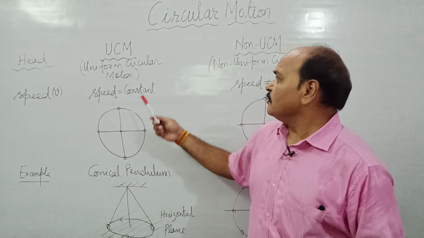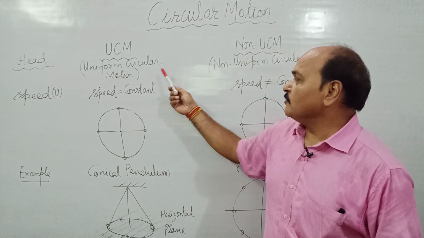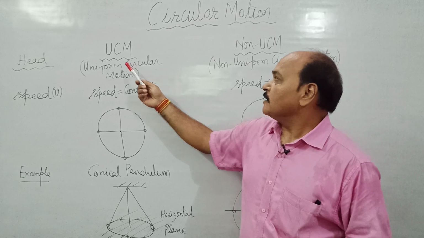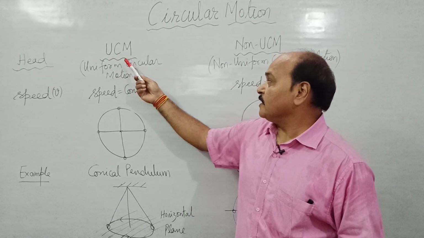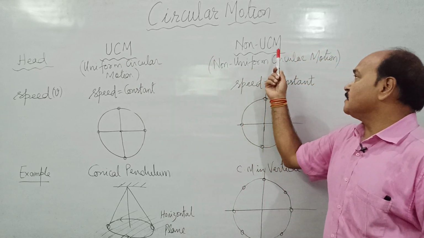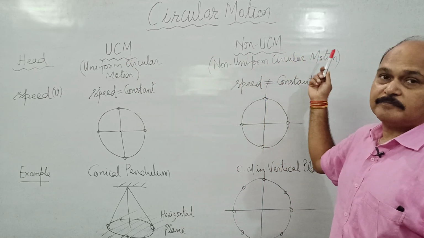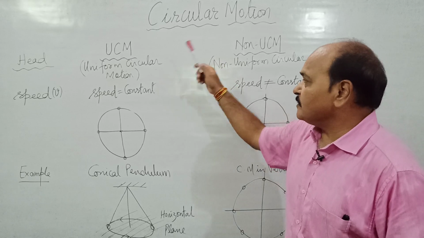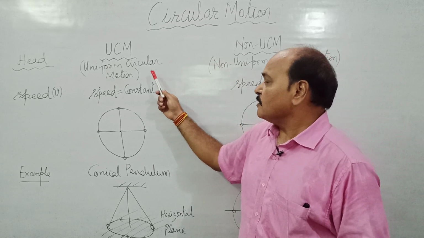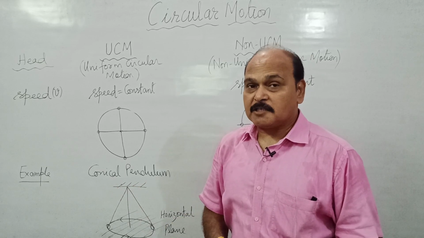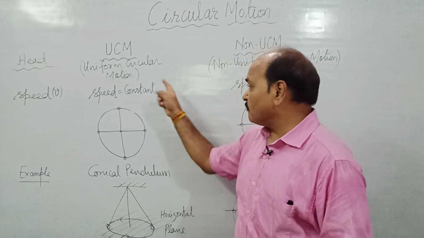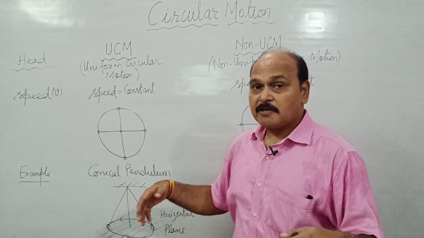Okay, what is uniform circular motion? Uniform circular motion is written by this short form UCM, whereas non-uniform circular motion is written as non-UCM. The difference between the two types of motion is what? In uniform circular motion, the speed of an object moving on a circular path is fixed, constant.